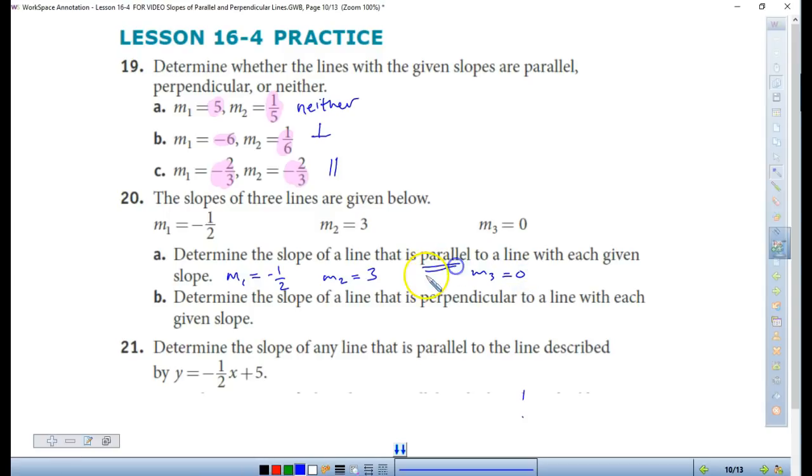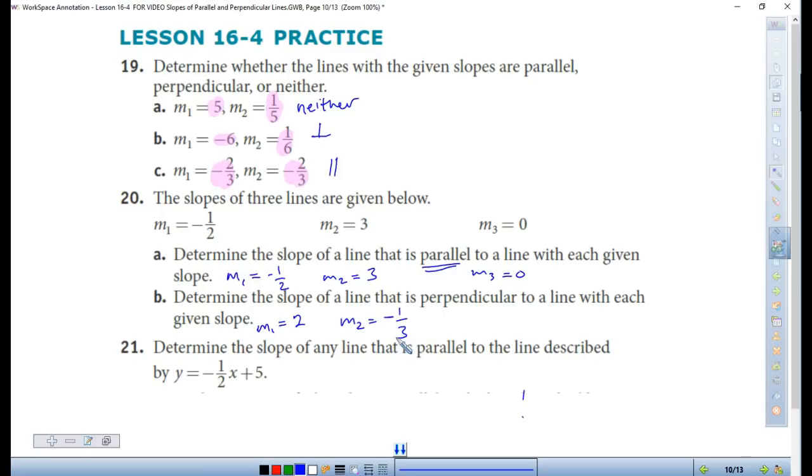Parallel means the same. Now perpendicular, M1 would be, change the sign, so it's going to turn positive, and flip it over, 2. Change the sign, negative, and flip it over. So it's going to have to be negative. And what does it look like if you flip over a 3? 1/3.